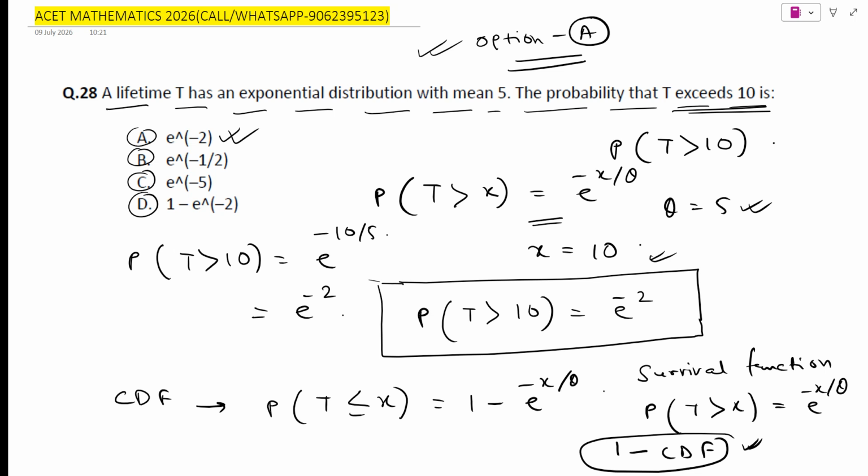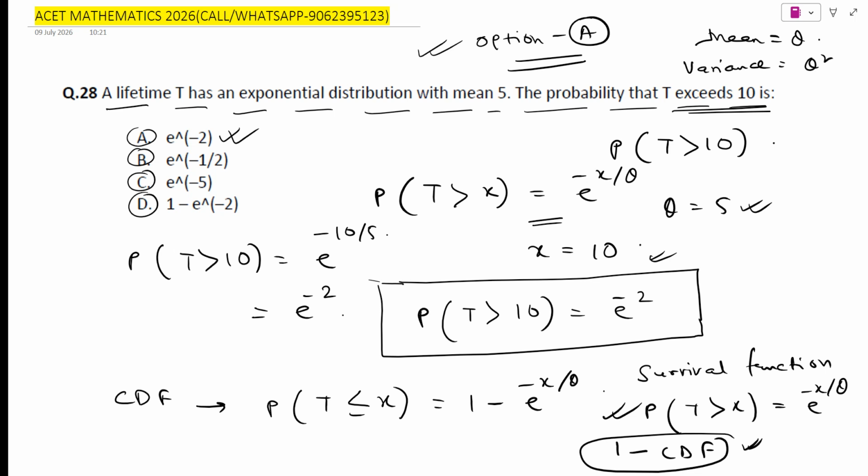So always keep these three formulas ready. Mean is theta, variance is theta square, and this is the survival function. If you memorize these formulas, you can solve most exponential distribution questions very quickly.